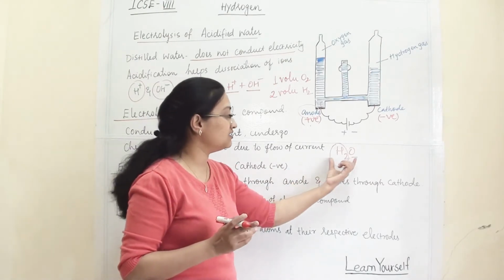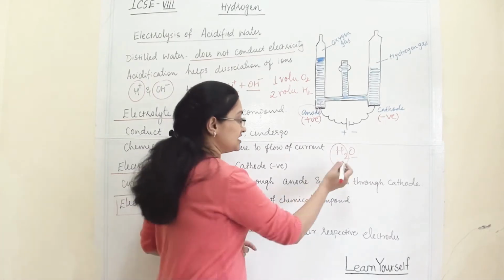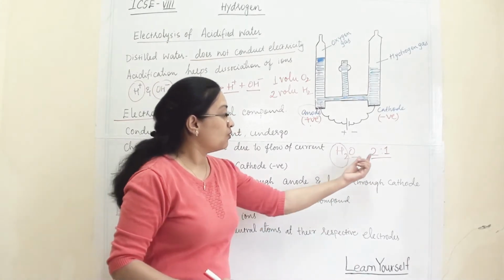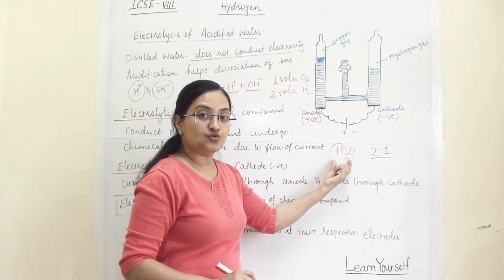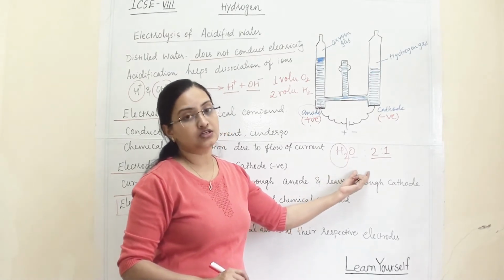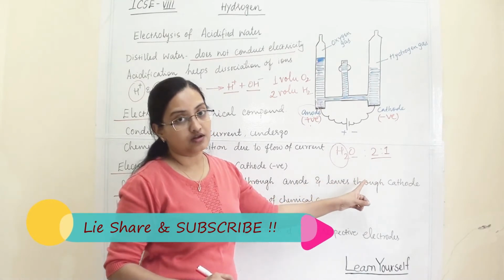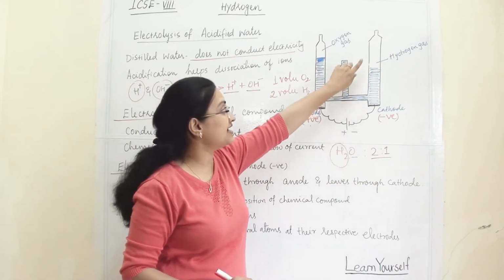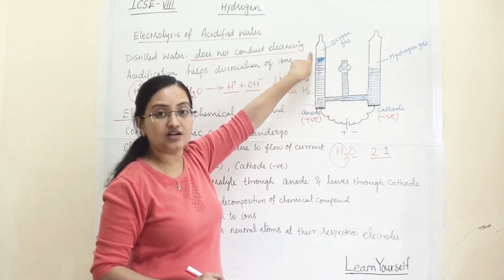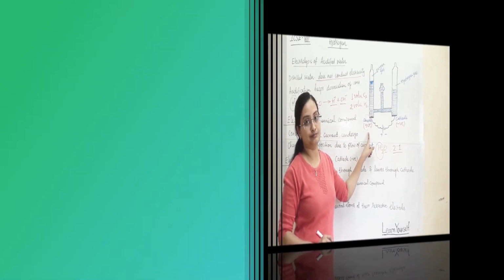That is because of the ratio of the water molecule. Whatever hydrogen gas you collect, half of that volume will be oxygen gas. That's why you will get 2 volumes of hydrogen gas here, whereas 1 volume of oxygen gas at the anode terminal.